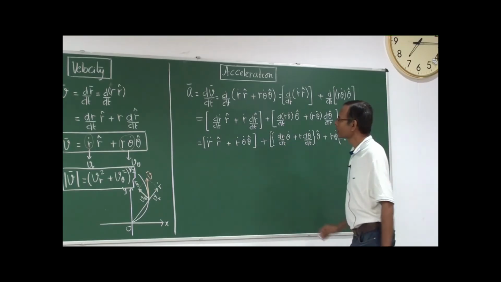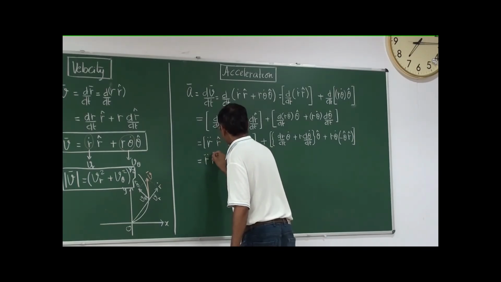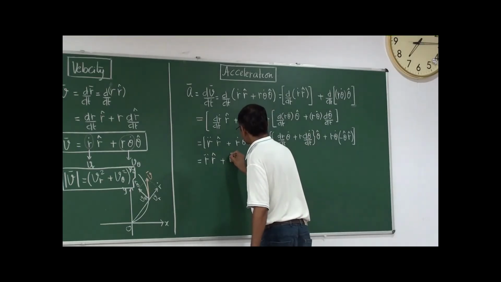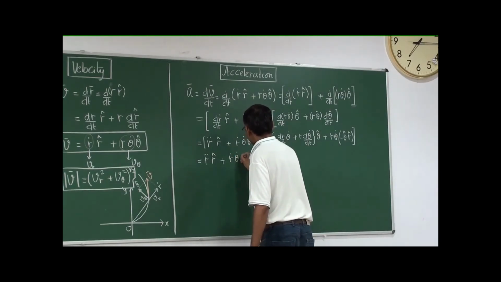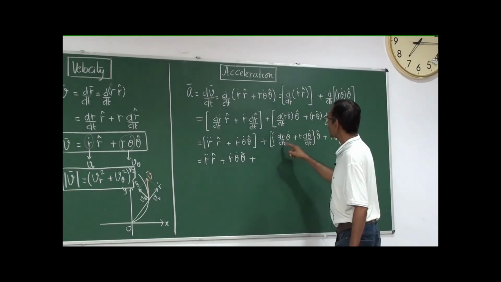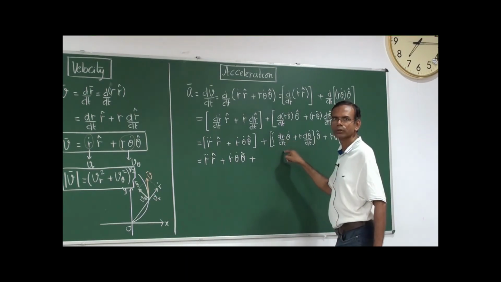Okay. Now I will open up the bracket. So this is r double dot r cap plus r dot theta cap plus dr by dt into theta dot. So dr by dt is r dot. Alright.